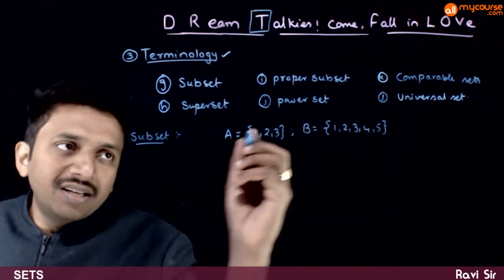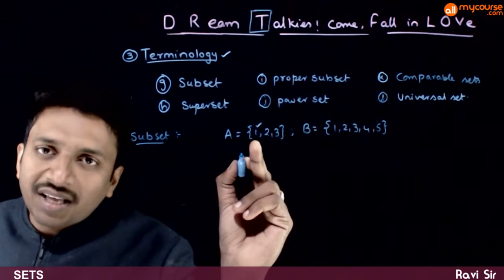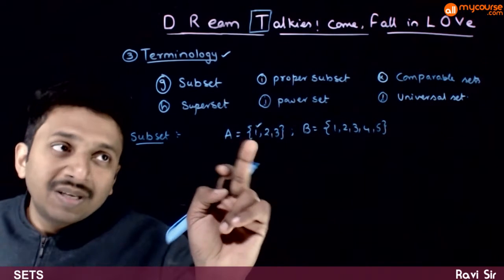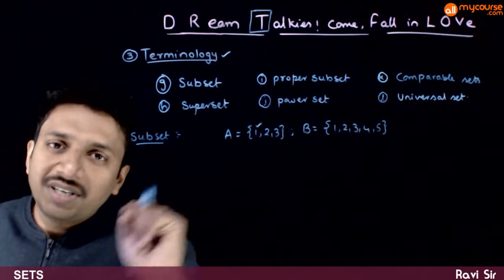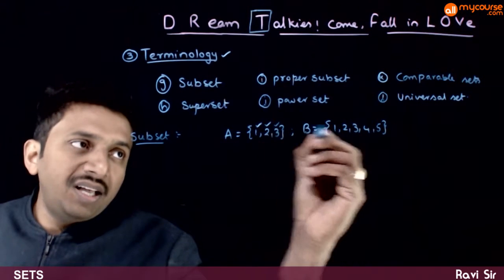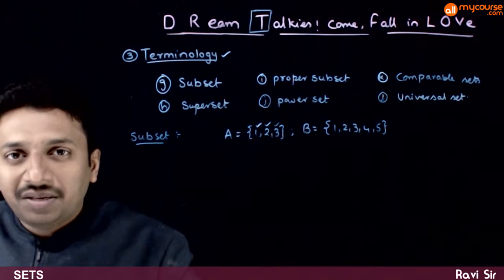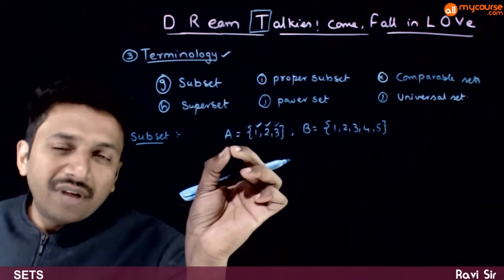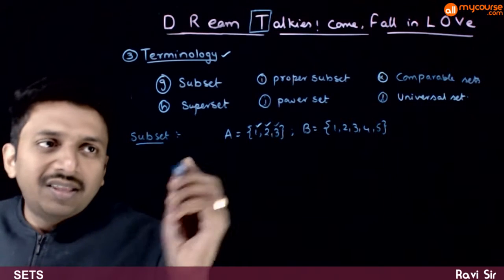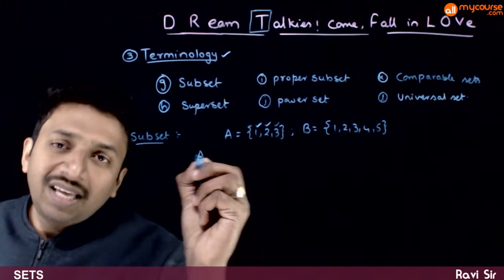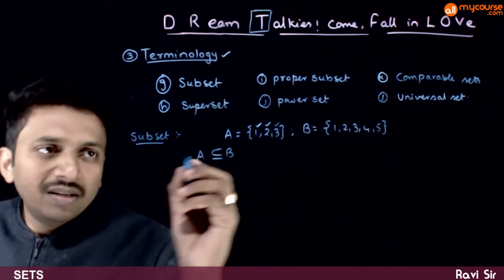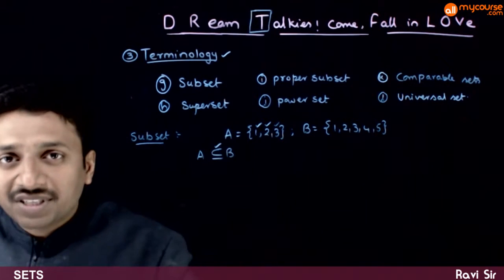You can see that every element of set A is also present in B. 1 is present in A, and is also present in B. Similarly, 2 is also present in B. 3 is also present in B. So if every element of A is also an element of B, then we say that A is a subset of B. This is the symbol for subset of.